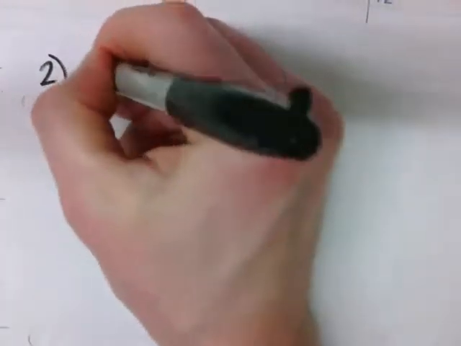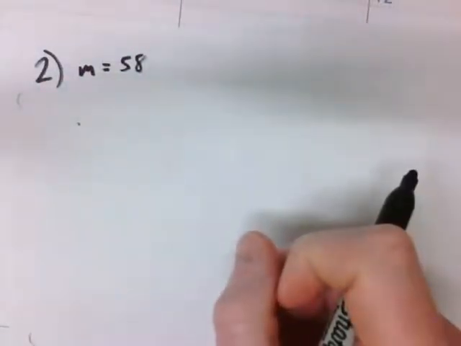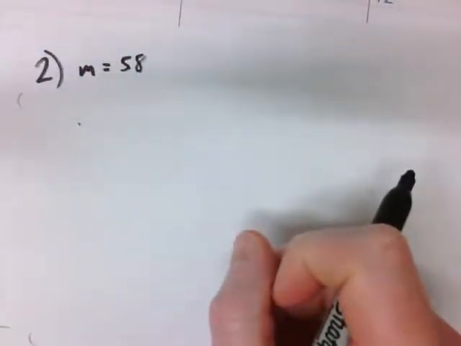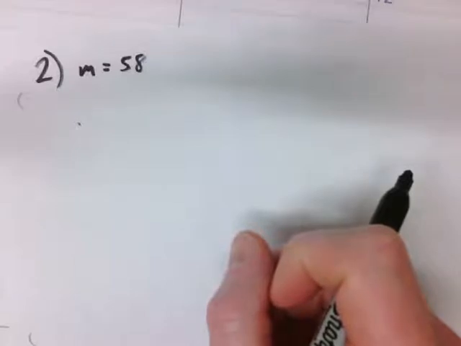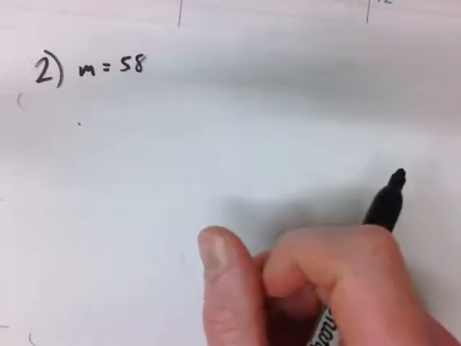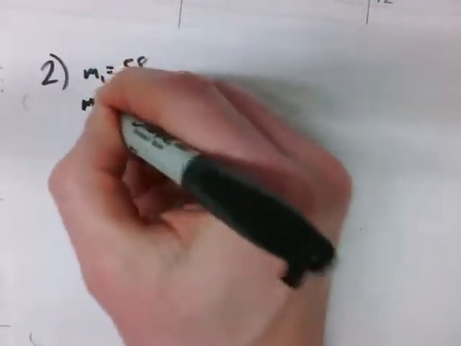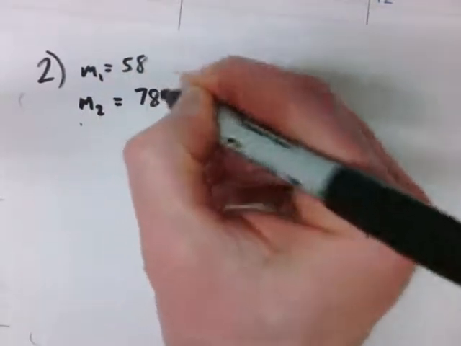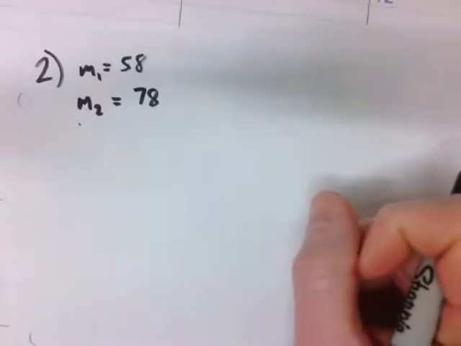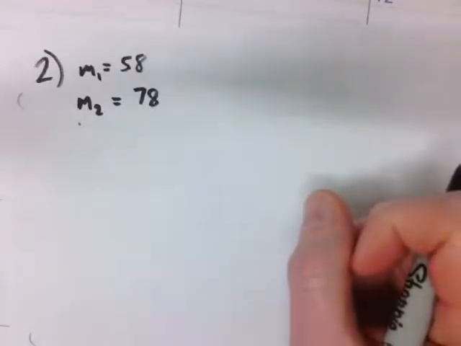A skater with mass 58 kilograms is holding one end of a rope and standing at rest on ice. Assume no friction. Another person with mass 78, so M2 equals 78, is standing just off the ice on level ground and is holding the other end of the rope.